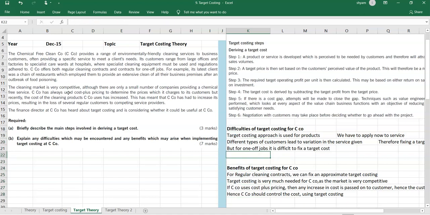Usually target costing can be easily applied to products, and it's very difficult to apply for services. But even when it is difficult, if you take companies like McDonald's, which is partly product and partly service, or KFC or Domino's Pizza, they have effectively used target costing, and they have standardized the service itself.